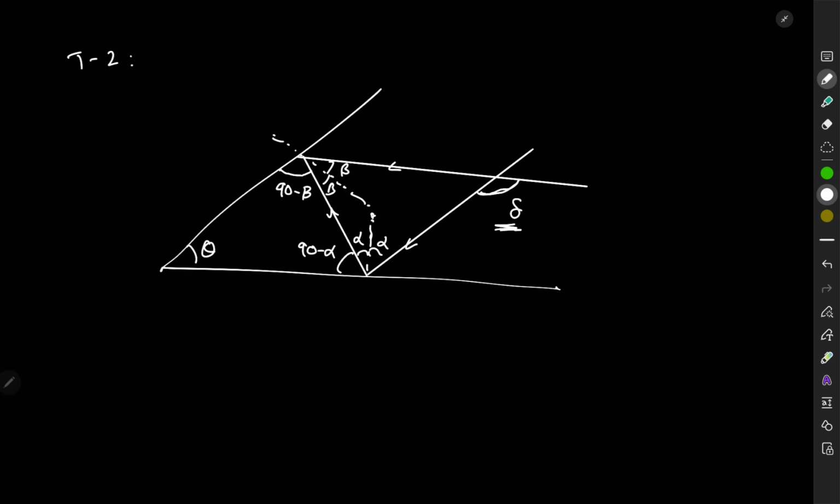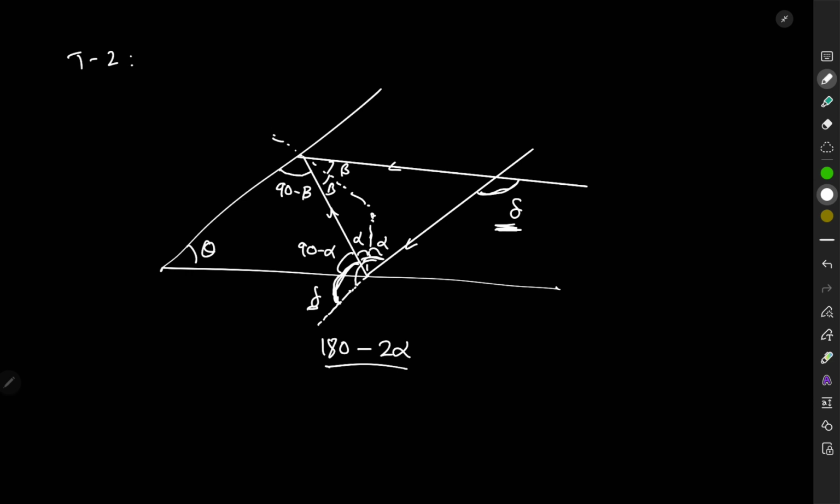We know the deviation is 180 minus 2 alpha, right? If you don't understand, the total angle is 180 and this is 2 alpha, then we can find this, right? This is the deviation of this, fine.